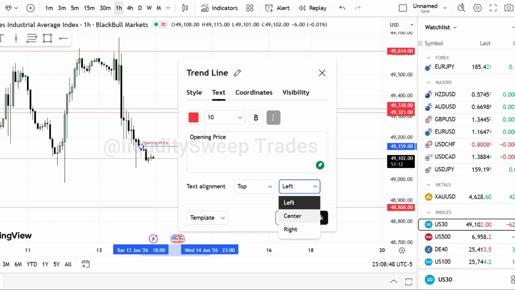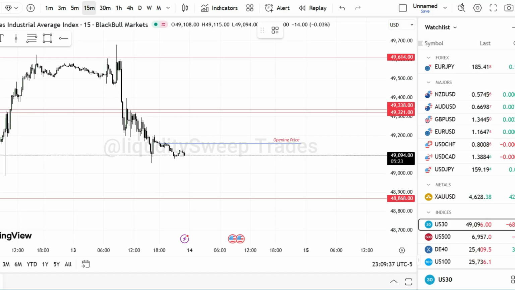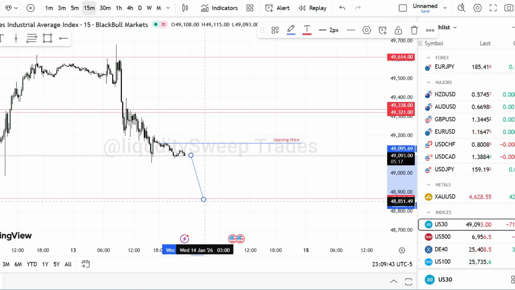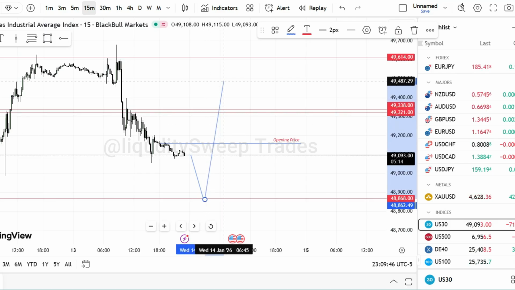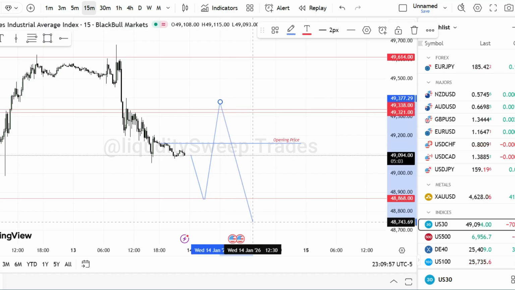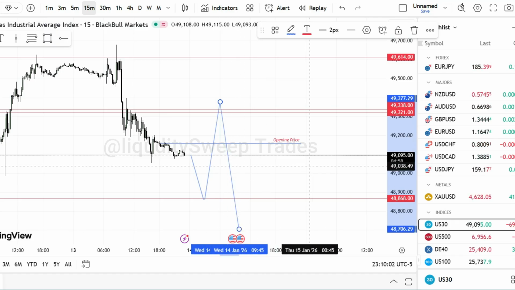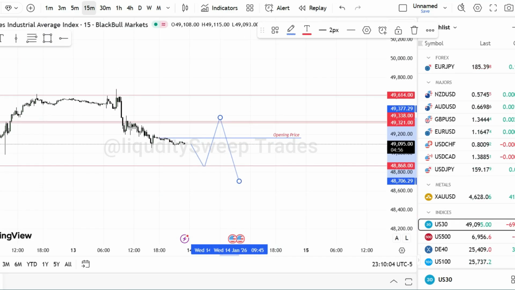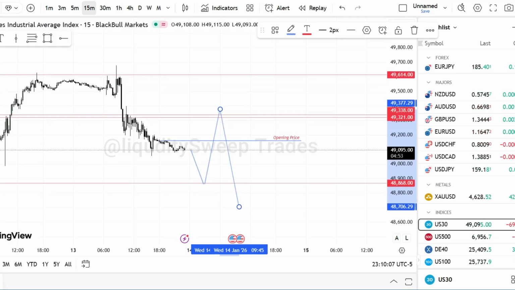Like I said earlier, what we're actually looking for is the retracement to the upside. But for today, since we are closer to the previous daily low, my projection for the day will be that we are going to run to take out the lows first before we retrace to the upside, and that will be my outlook for the day.